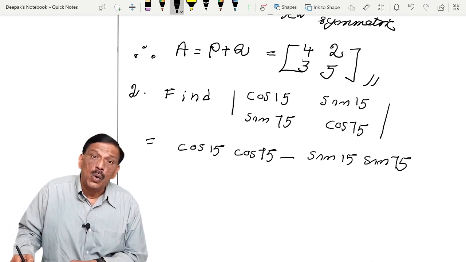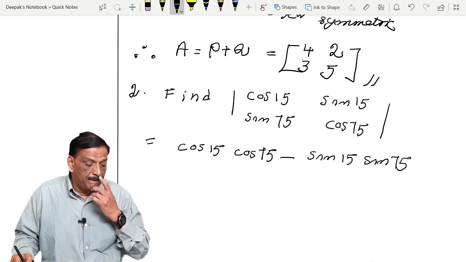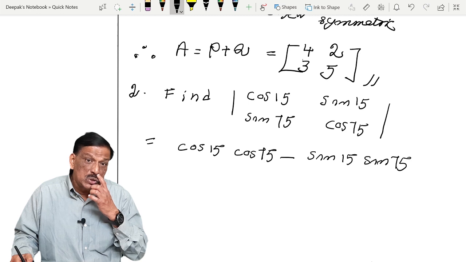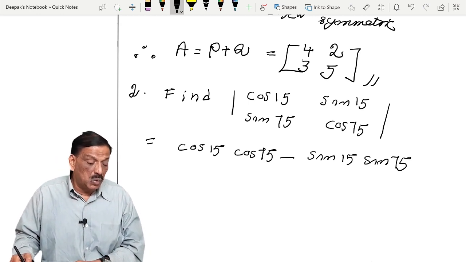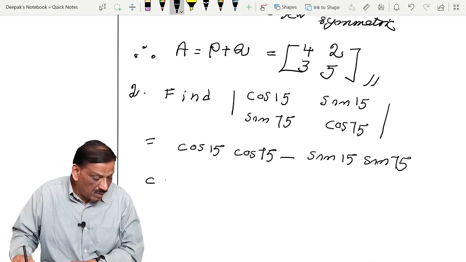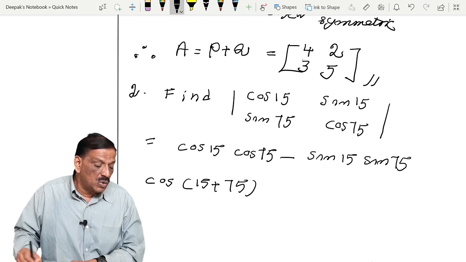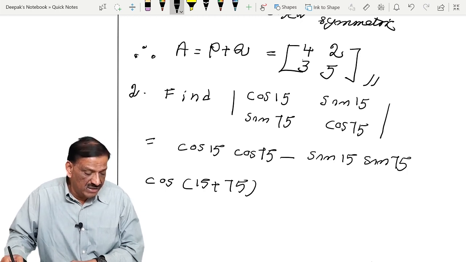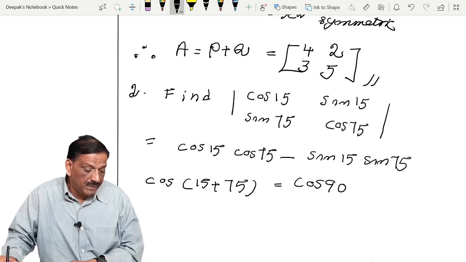That is in cos A plus B form. We know cos A plus B equal to cos A cos B minus sin A sin B. So cos 15 plus 75 is cos 90, that is equal to 0.